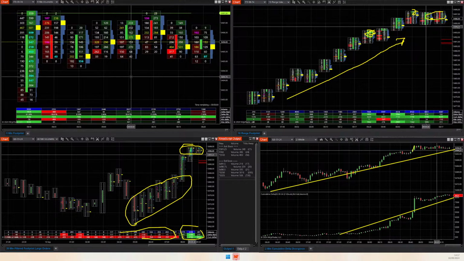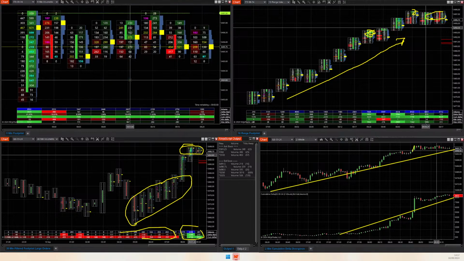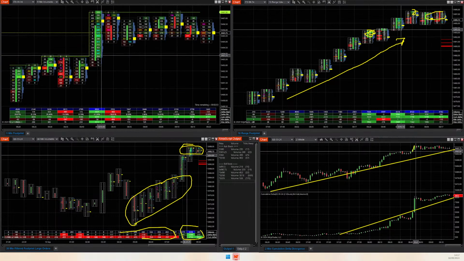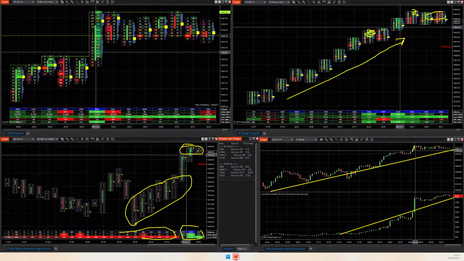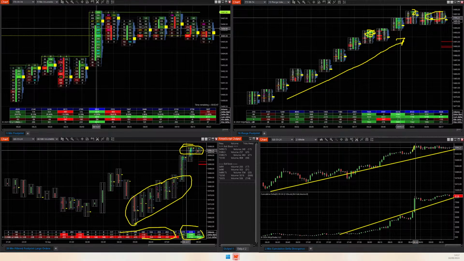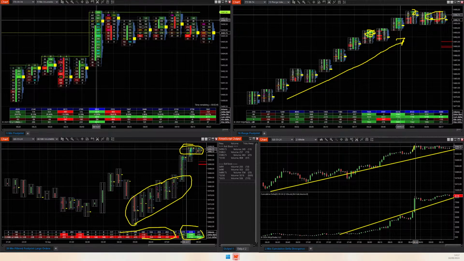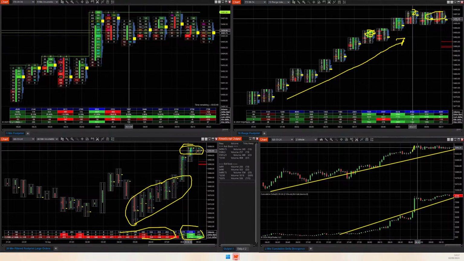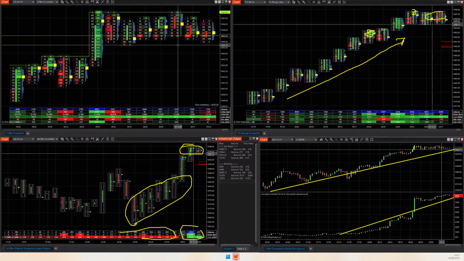And then 5-minute chart. You can see all this aggressive buying here at 8:45. Big buying imbalances. So it's looking very bullish. What happened at 8:45?